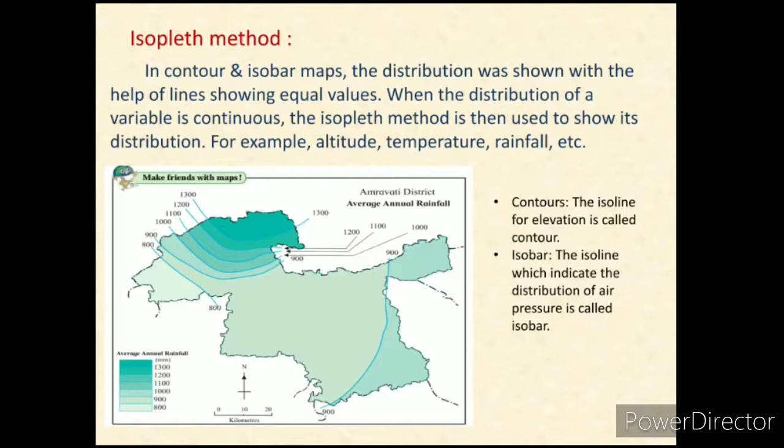Okay, so when the distribution of a variable is continuous, the isopleth method is used to show its distribution. For example, altitude, temperature, rainfall, etc. are shown by using this method.